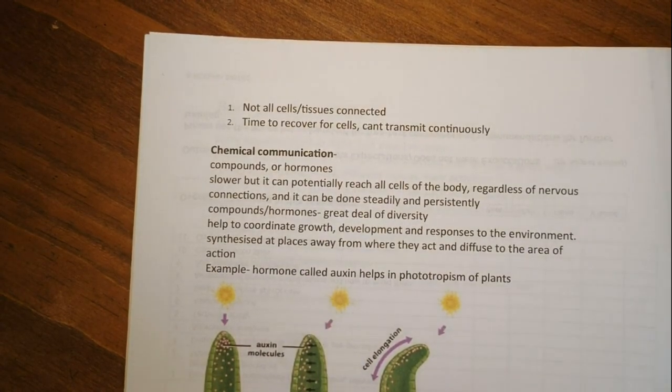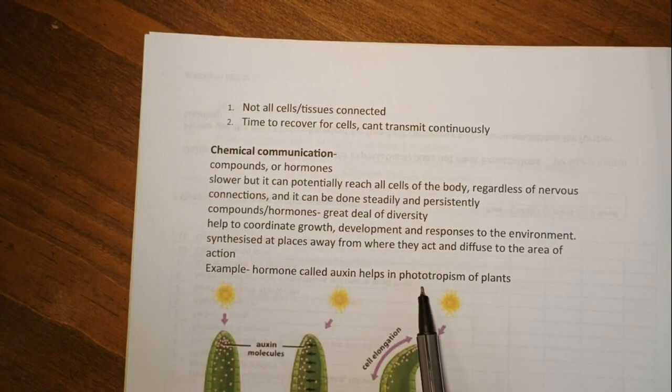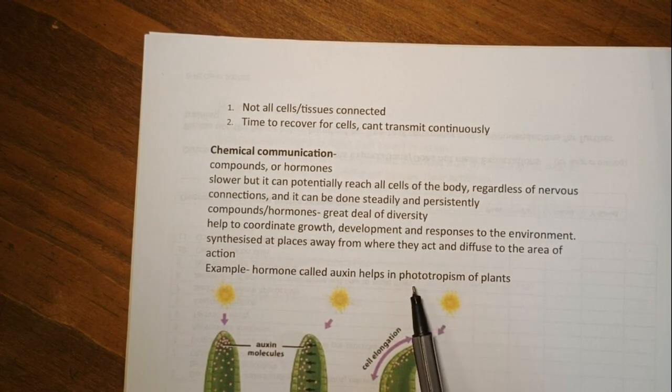Now here I have taken the example of the hormone auxin that helps in phototropism of the plants. So what is phototropism? The plant stem or offshoot growing towards the sunlight. This auxin is synthesized at the shoot tip.